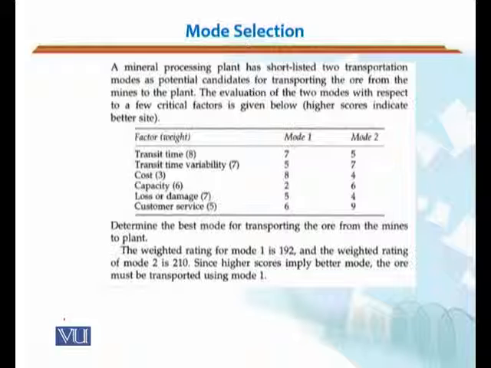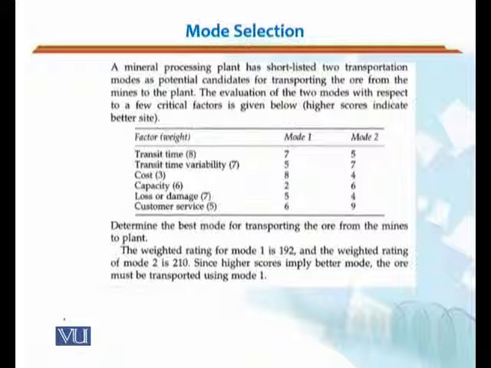The higher score indicates a better mode. The factors are transit time, transit time variability, cost, capacity, loss or damage, and customer service. These are the factors which affect your mode selection.